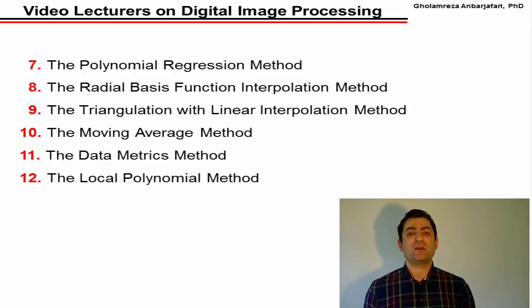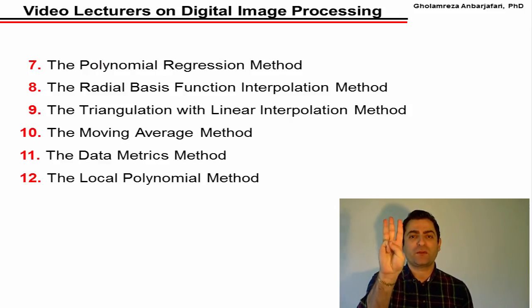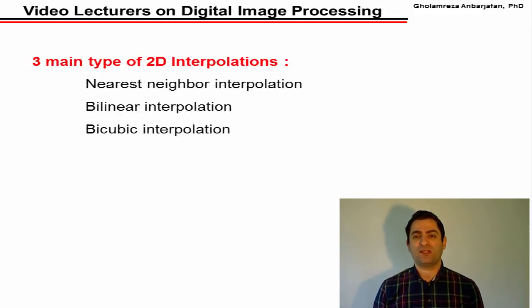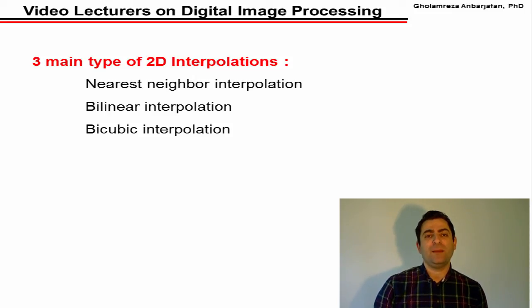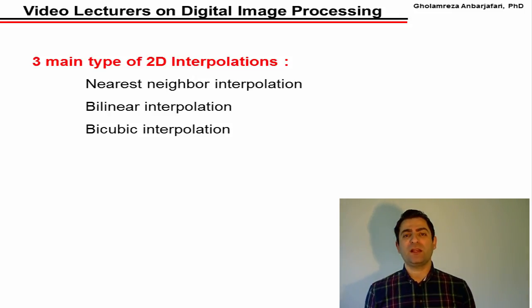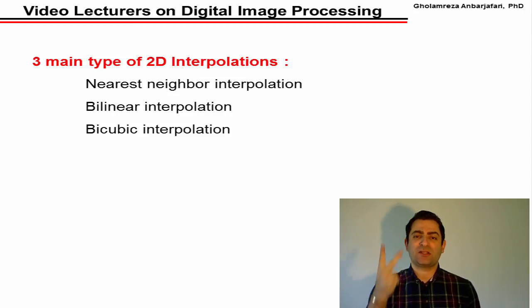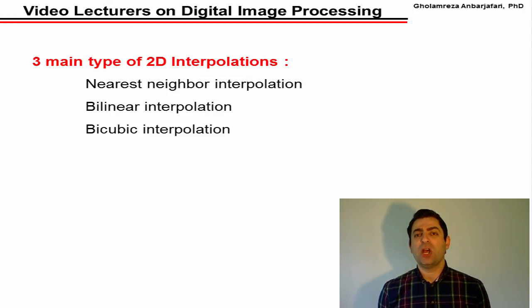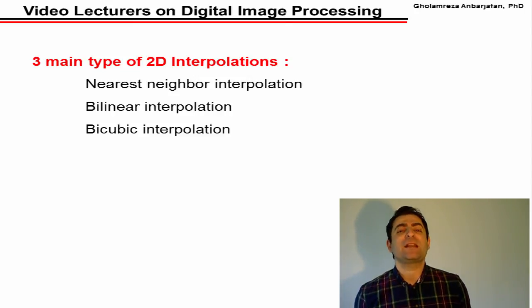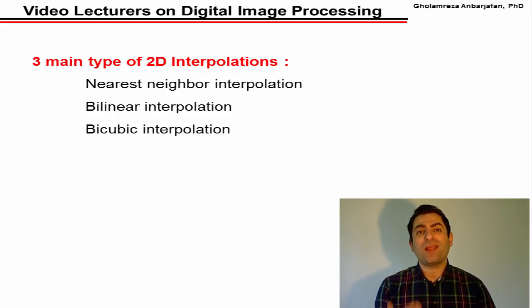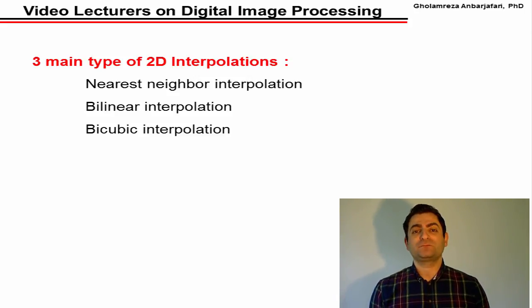However, in this course, we will refer to three main types of interpolation techniques, which are namely nearest neighbor interpolation, bilinear interpolation, and bicubic interpolation. So we will see a little bit about the details of them. We will see what the differences are.